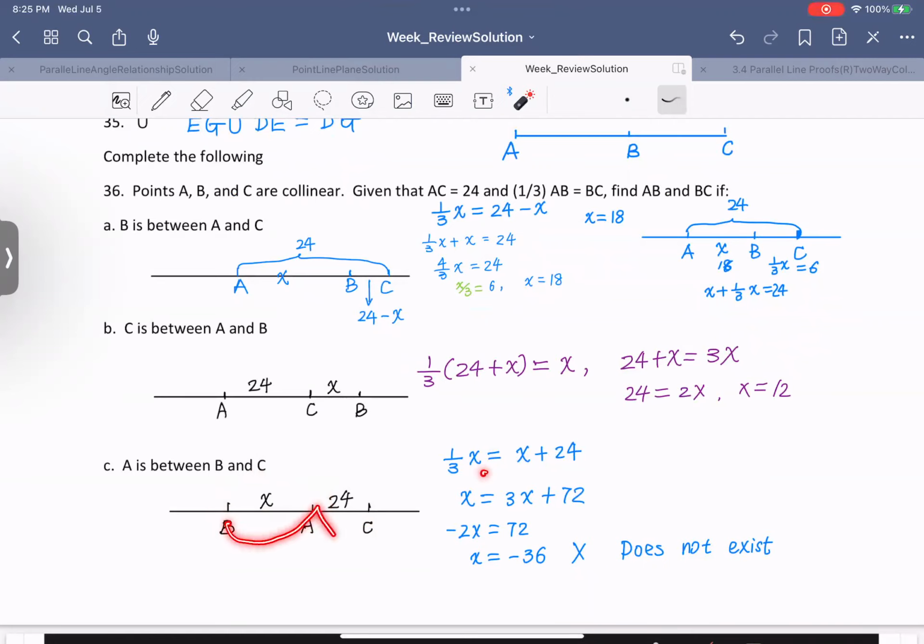BC will be X plus 24. And then you multiply by 3 on each side. And when you finish this, you will have a negative. You will see, how come I have a negative? Well, that means this scenario doesn't exist. If you calculate the line segment as a negative, that means that scenario doesn't exist. So let me see students' work.